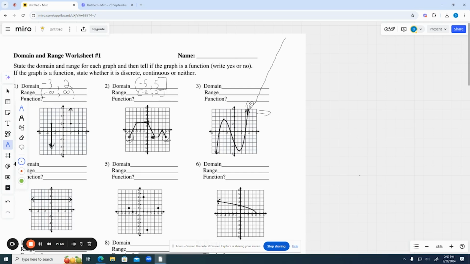So when it comes to domain, let's erase that. When it comes to your domain, and similarly down here, it's not just straight down, it's at a slight slant. And what that tells me is your domain is -infinity, because it's going to the left forever, to +infinity. And with infinities, it never reaches infinity.